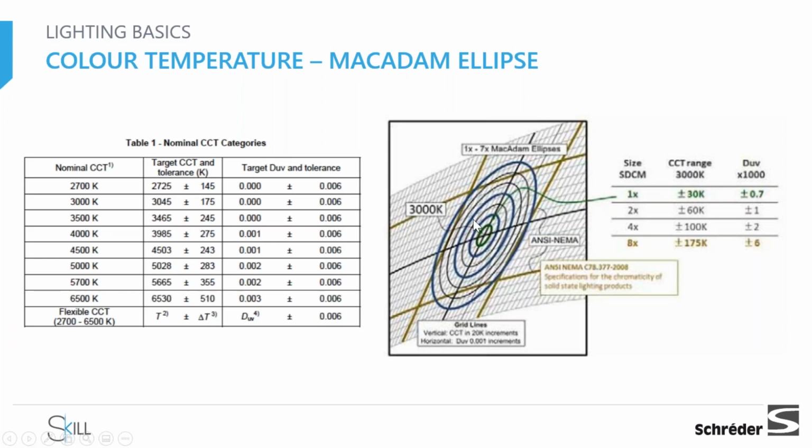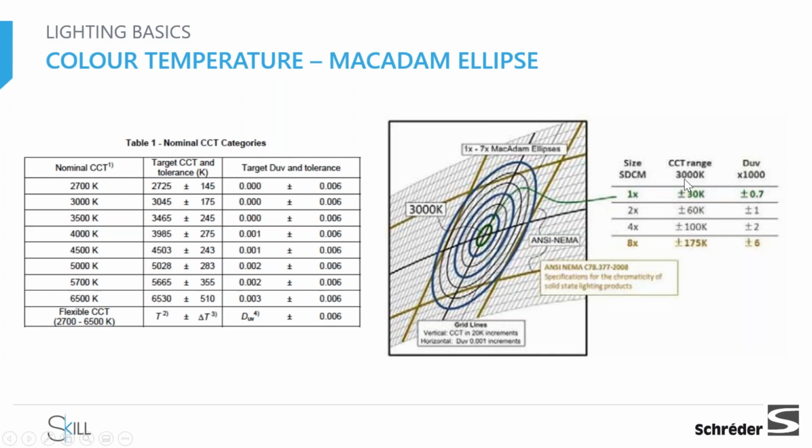On the other side, the graph here is showing 3000 Kelvin. So here we showed the 7-step MacAdam ellipse at different color temperatures, and in this graph we are showing the same color temperature of 3000, but one time with 1-step MacAdam ellipse, 2, 4, and 8, and we see that 1 is 30 Kelvin.